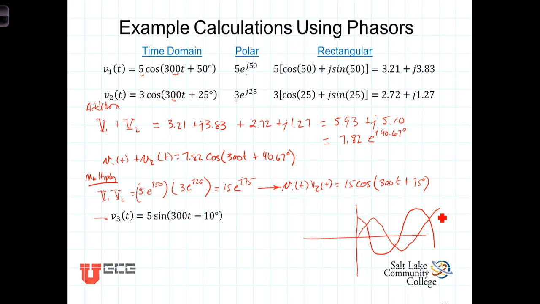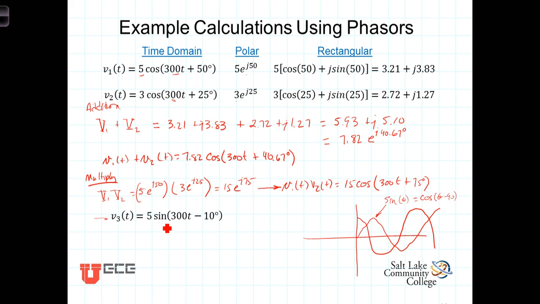If it was drawn better, you'd be able to see, but hopefully this is good enough to observe that the sine of theta is simply the cosine waveform delayed by 90 degrees, or the sine of theta is equal to the cosine of theta minus 90 degrees.